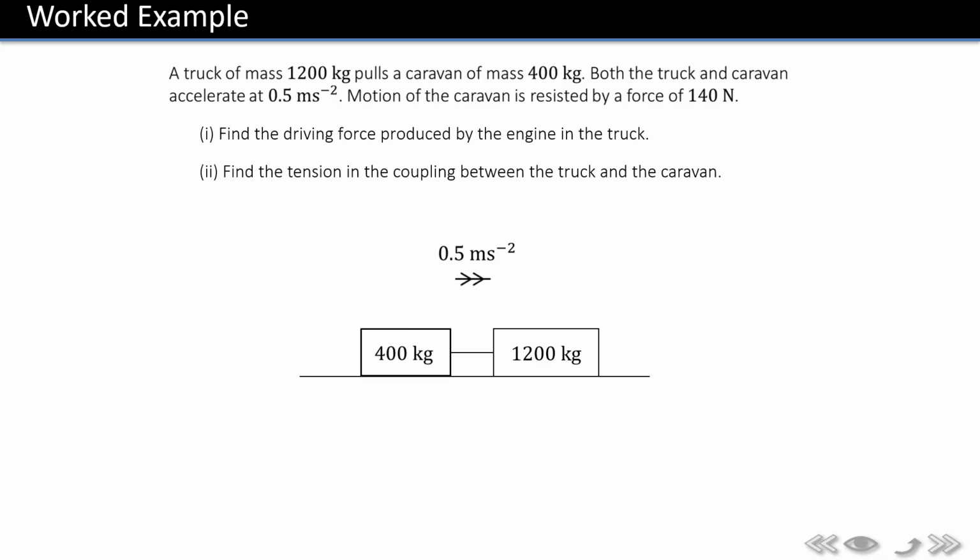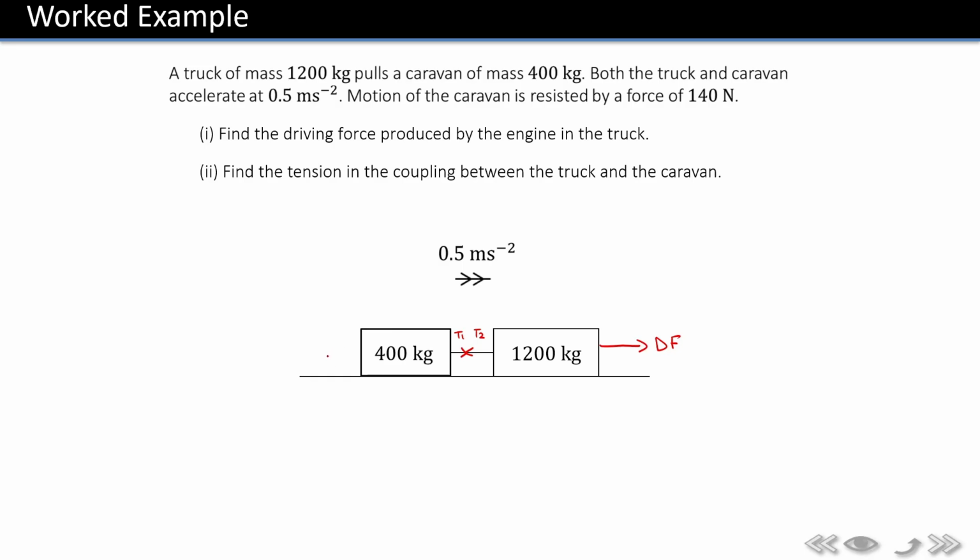So first of all, we've got our diagram already drawn for us, and all we now need to do is label each of the respective forces. Looking at the diagram, I've got my driving force going in this direction here. I've got my T1 and my T2, the tension in the connection between the two.